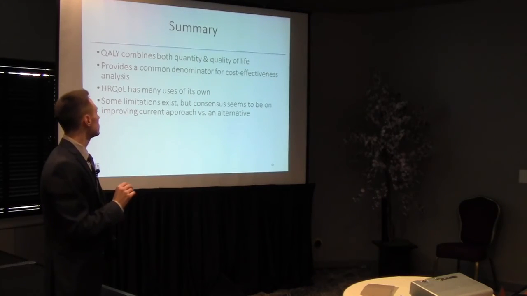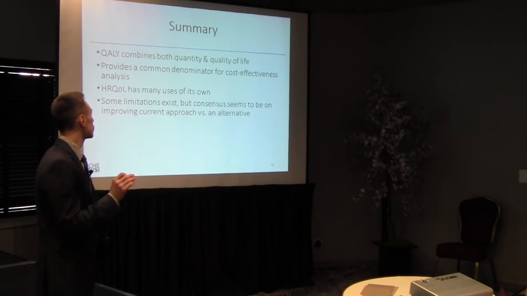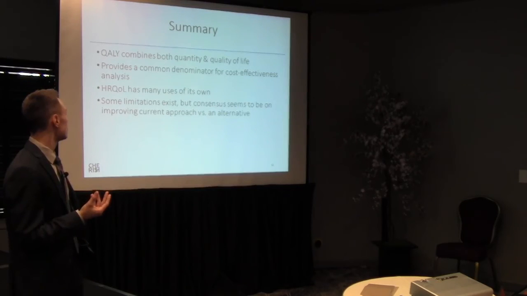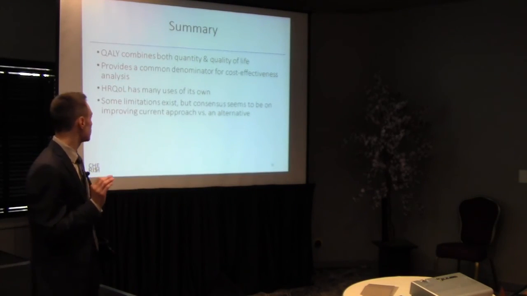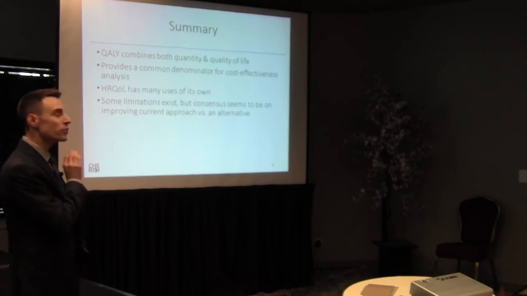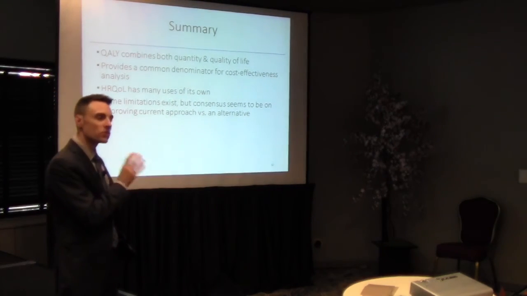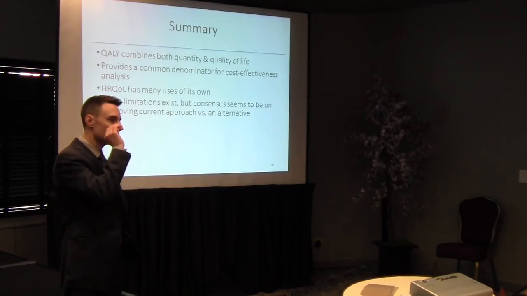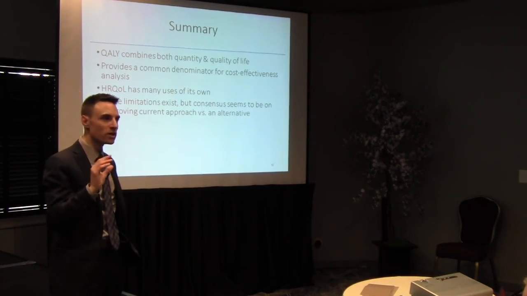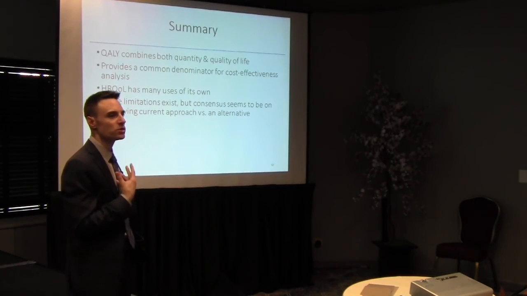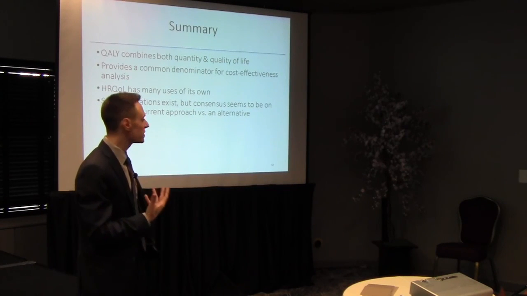In summary, quality-adjusted life years combine both quantity and quality of life. They give us that common denominator for our cost-effectiveness analyses, right? Health-related quality of life has many uses on its own. For example, I showed you that slide where you can just use it as a health profile measure, if you like, which we all know is an important treatment outcome in and of itself, right?